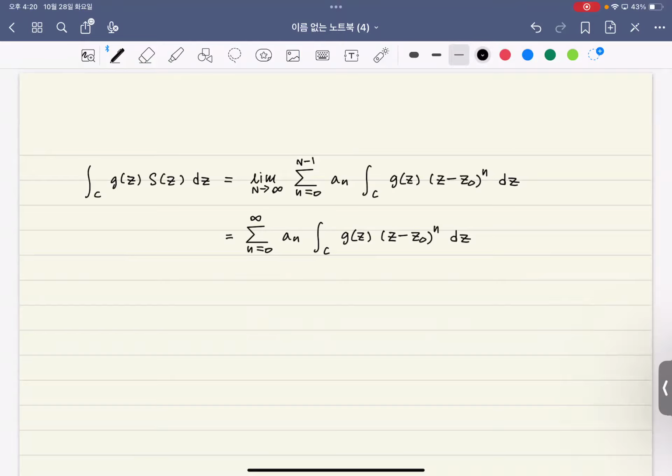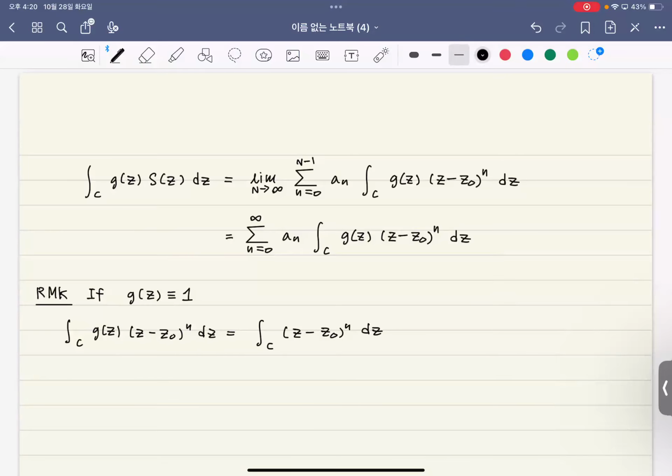If we let g equal 1, then this integral is merely the integral of (z minus z0)^n dz. So this justifies term by term integration.